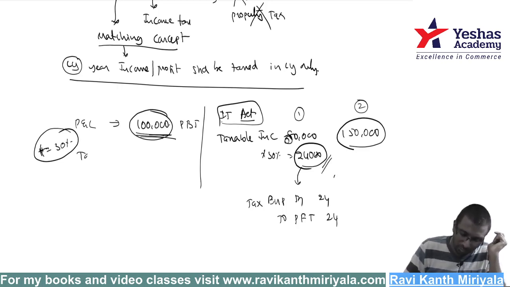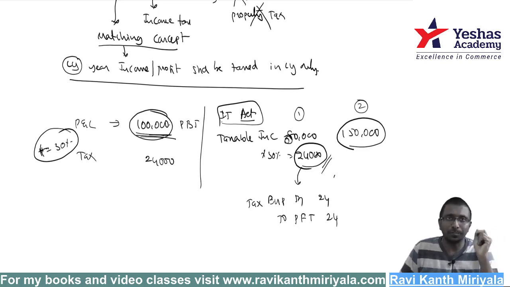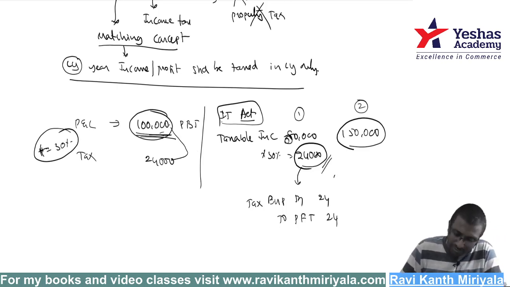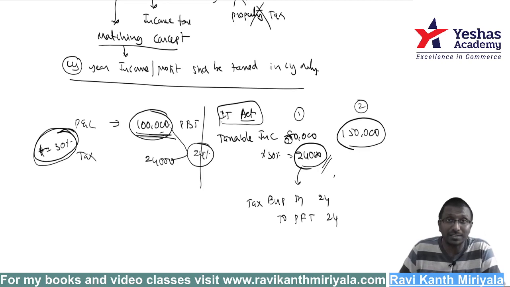So in the P&L, if I write income tax 24,000 rupees here, just observe how much you actually taxed the income. Only 24% is charged. But you are supposed to charge 30%, whereas only 24% is charged. Are you getting my point? Then how do you say it is matching concept?